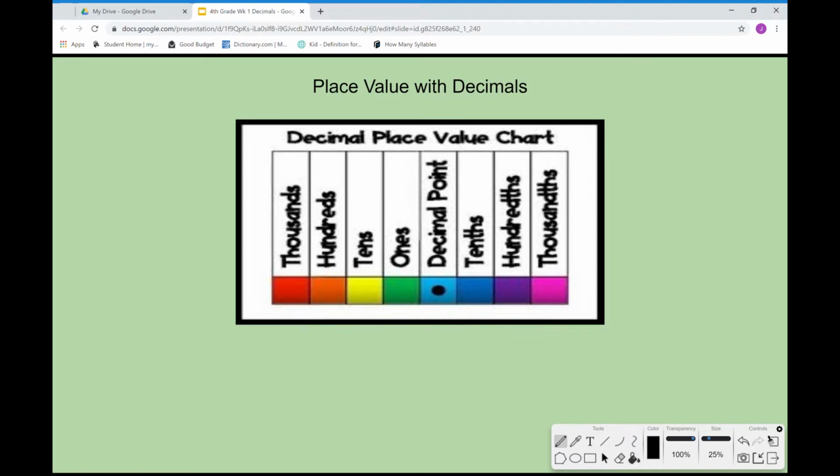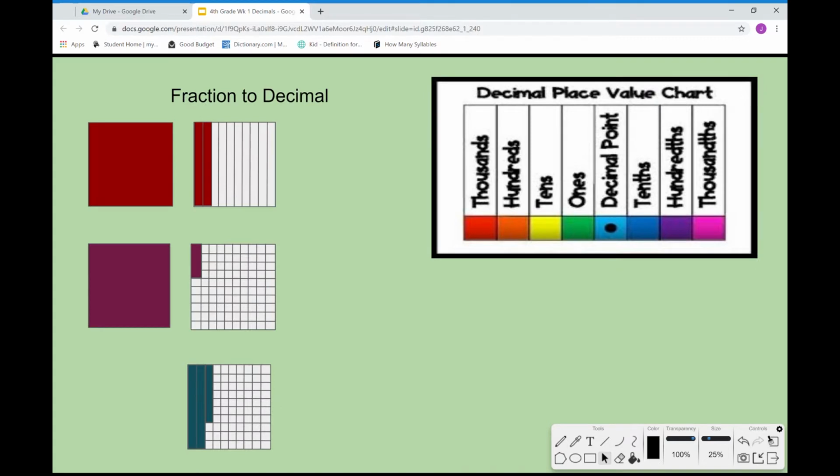Let's review what it looks like when converting from a fraction to a decimal using some base 10 blocks. Here we have one whole block plus a block divided into 10 equal parts. The first whole block and 2 parts of the second block are colored in, so we have 1 whole plus 2 tenths. As a mixed number, we would write that as 1 and 2 tenths.